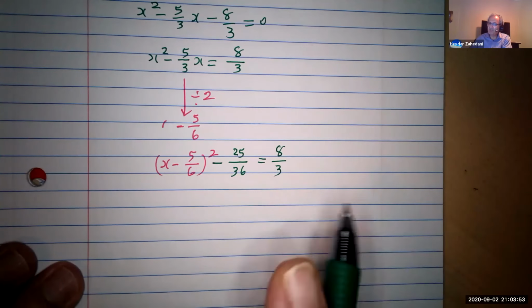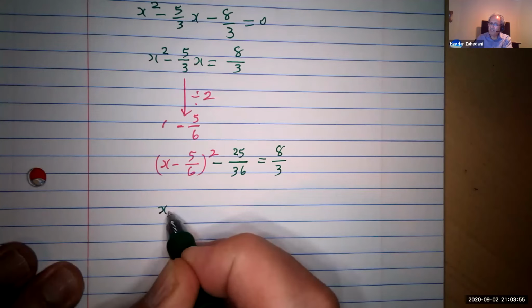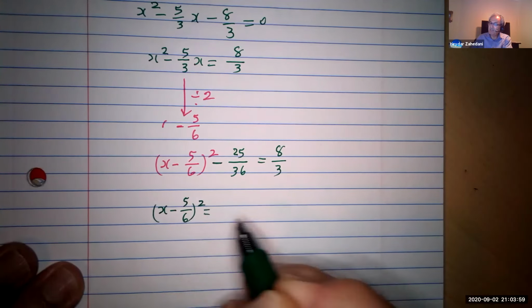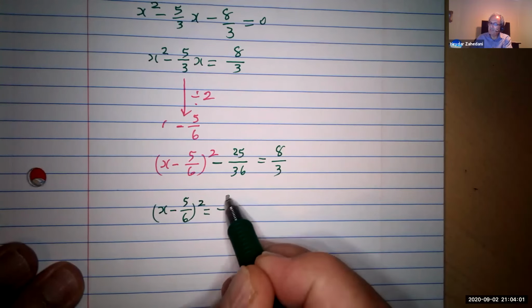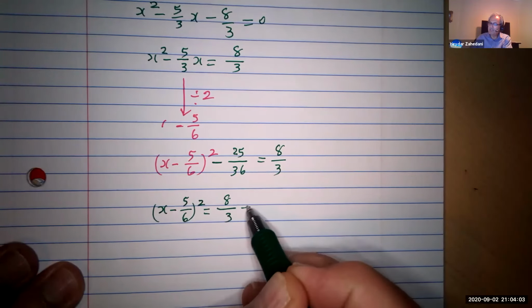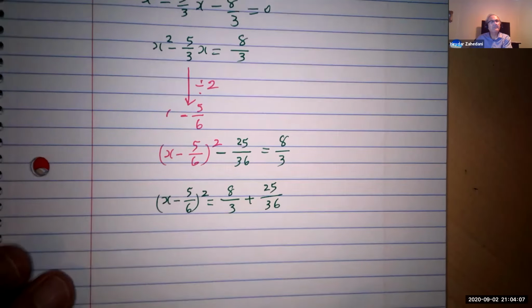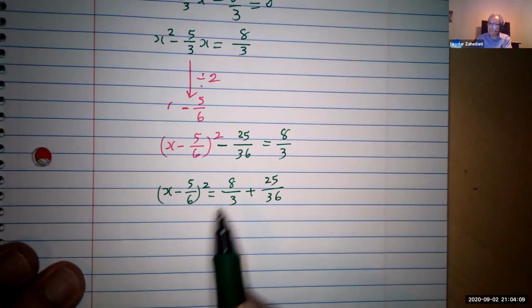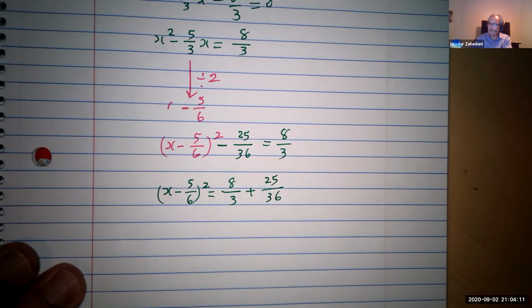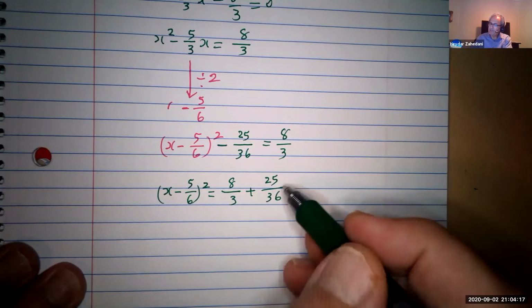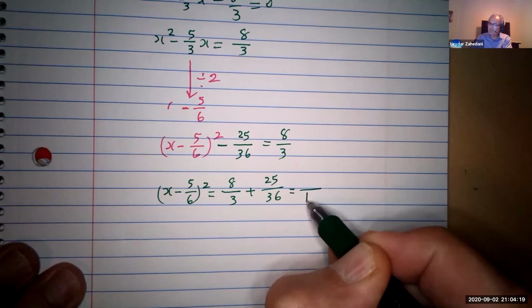Move this one to the other side, simplify it, and get the result. x minus 5/6 all squared is equal to 8/3 plus 25/36. You have to continue. You need the common denominator. You have to multiply this one by 12, so this is going to be 12.